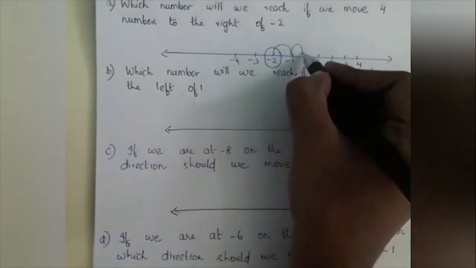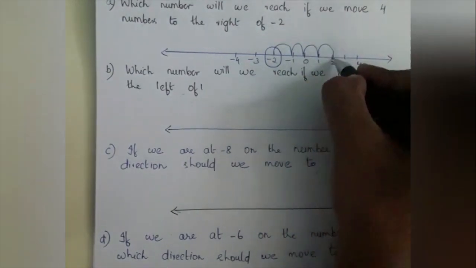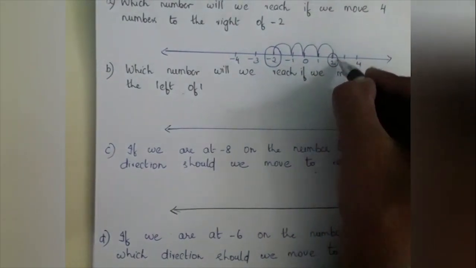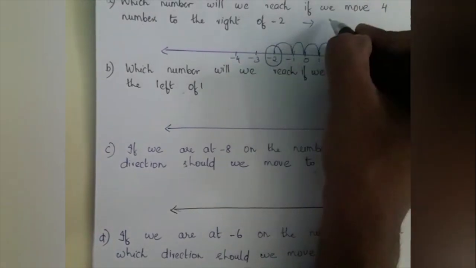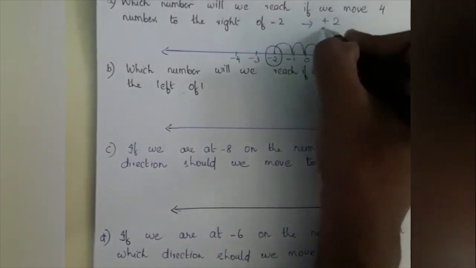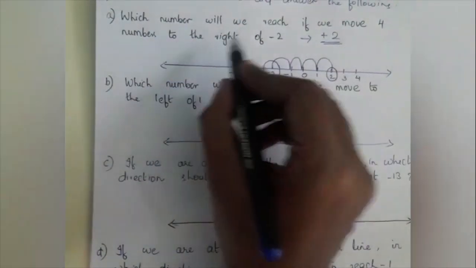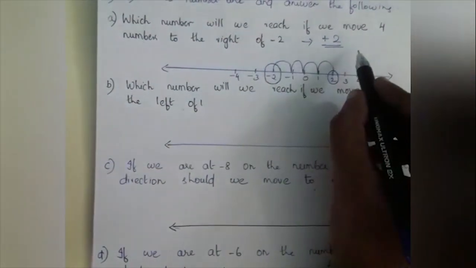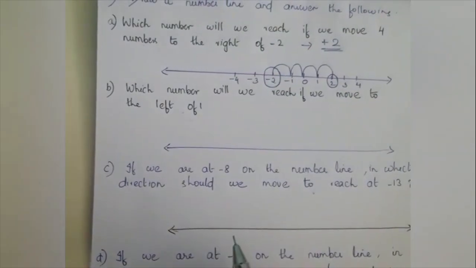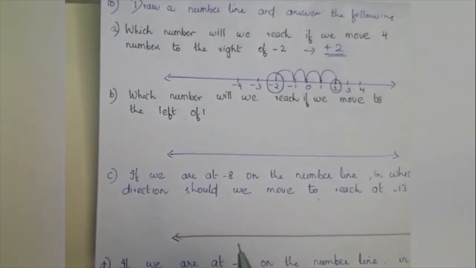So here 1, 2, 3, 4. Which number did you reach? Here it is 2. So the answer is positive 2. Okay, so hope that is clear.